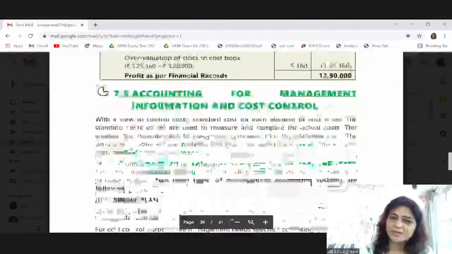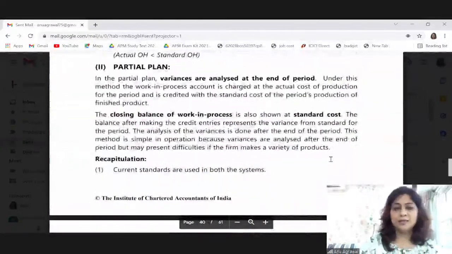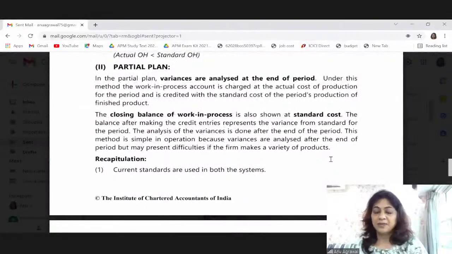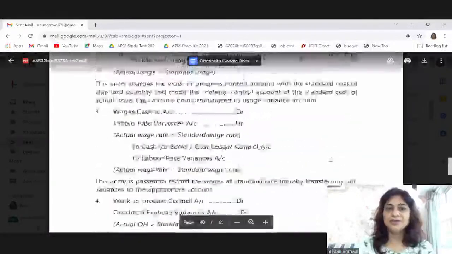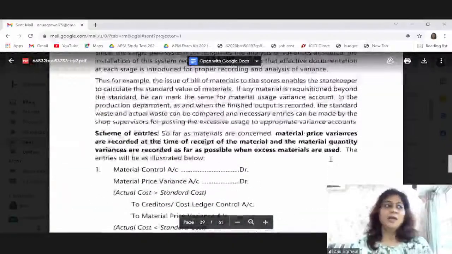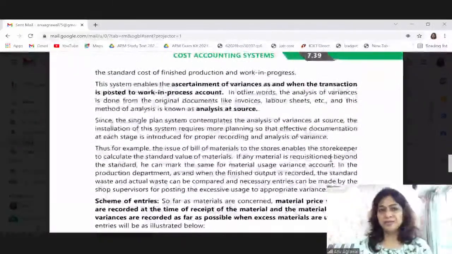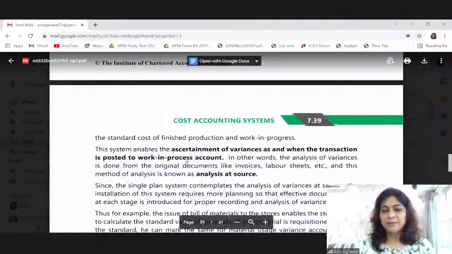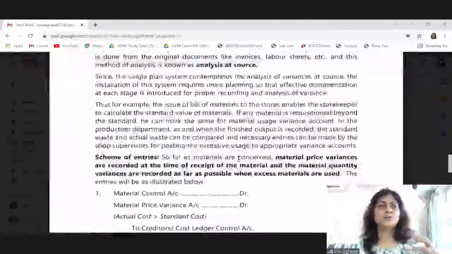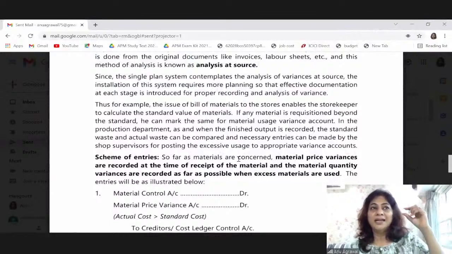So with this, friends, I have told you about the concept of reconciliation. Now, what is this institute talking about? Partial plan and single plan in cost accountancy. All this would be relevant when we'll be doing our CFI, at least from here, because single plan and partial plan means when at the beginning only, when we are doing accounting, at that time only if there is any variance.